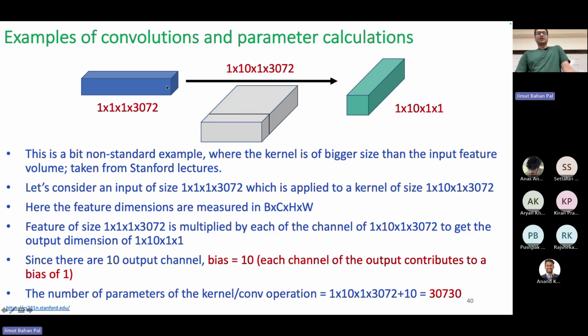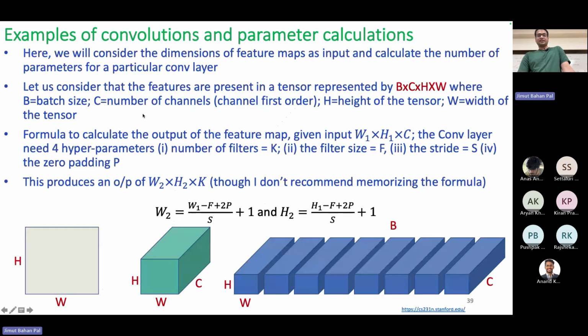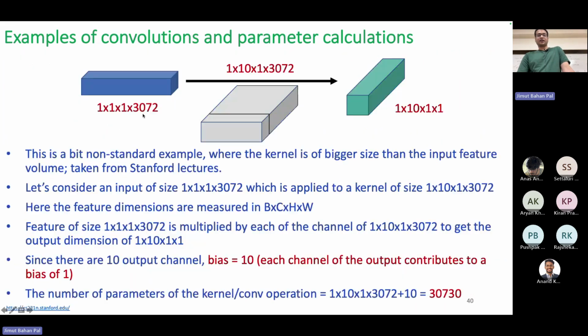So here, this is the input volume, 1 cross 1 cross 1 cross 3072. So batch size of 1, channel size of 1, height of 1, and width of 3072. And this is a bit non-standard, I would say, because the kernel is of higher dimension than the input. Here the kernel size is 1 cross 10 cross 1 cross 3072. The output will be 1 cross 10 cross 1 cross 1.